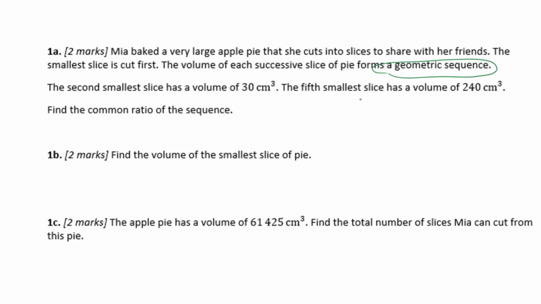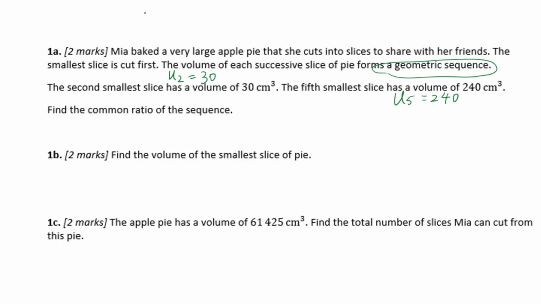The fifth smallest slice has a volume of 240 centimeters cubed. Find the common ratio of the sequence. The second smallest slice means u sub 2 equals 30, and fifth smallest slice means u sub 5 equals 240.